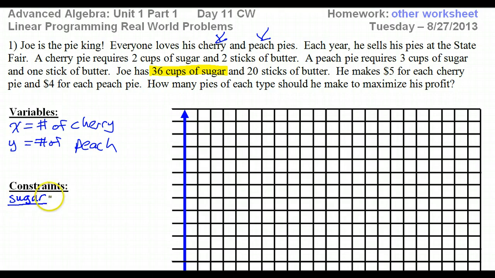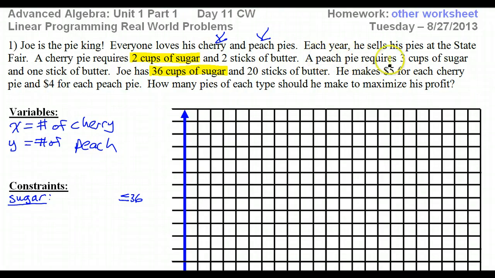All right, now I'm going to write that sugar constraint. In fact, I'm going to squeeze it in right here. 36 cups of sugar, that means whatever else happens, it's got to be less than or equal to 36. So now I'm going to scan the problem looking for everywhere they mention sugar. A cherry pie requires 2 cups of sugar.